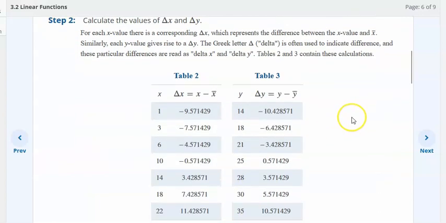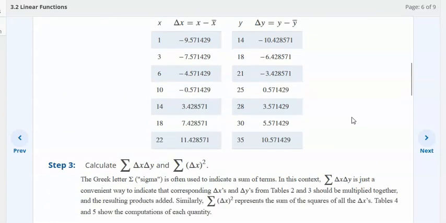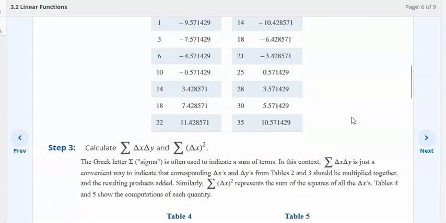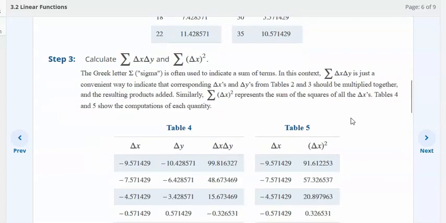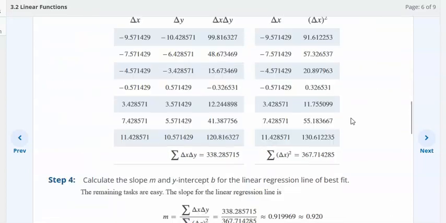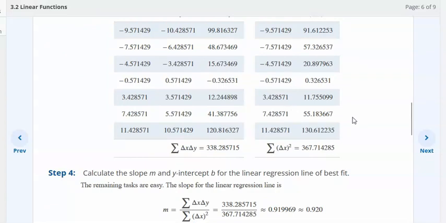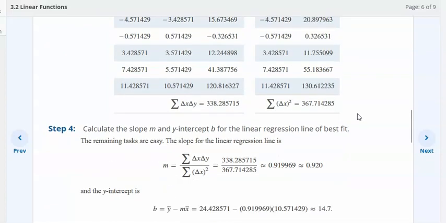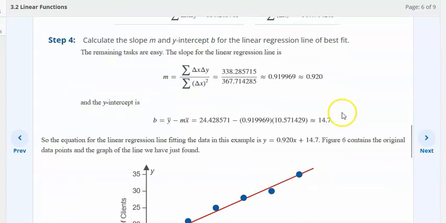And then they've put it in this rather extensive table. And then you square them, find the difference, and notice it gets to be rather complex and detailed.